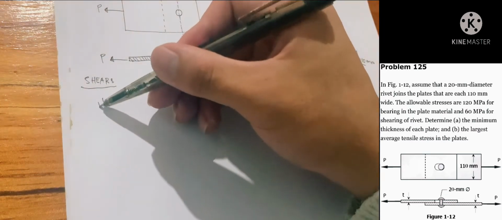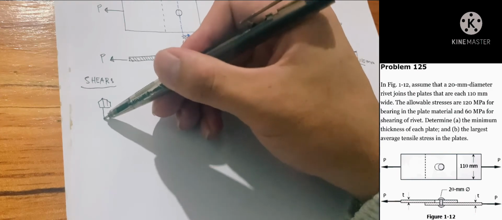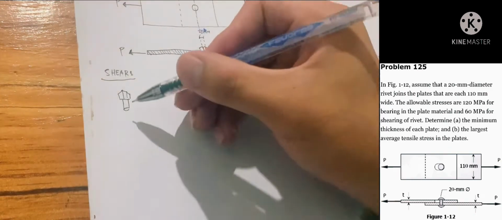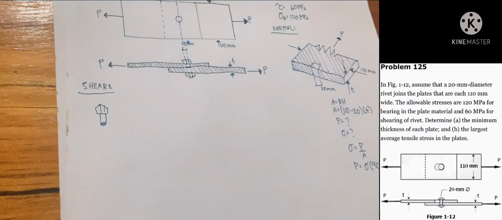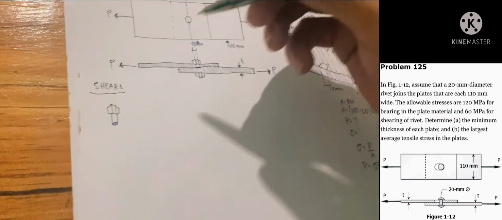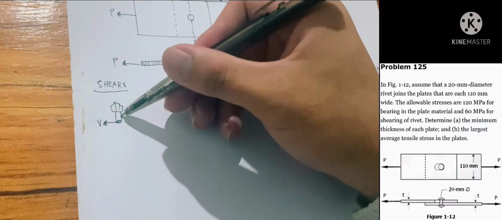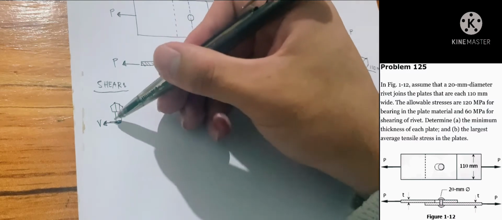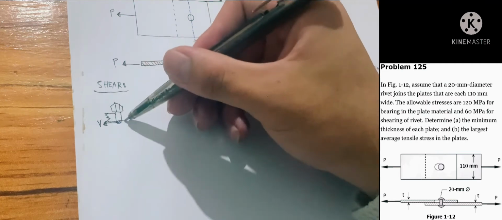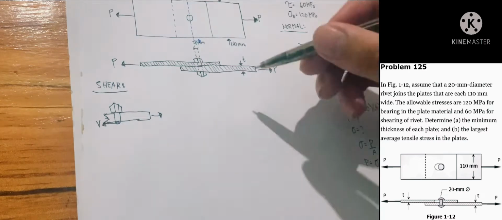right? So we will expose as we did in our other examples. For shear, I will shade the area as blue, and since the force is going, let us try to draw the plate so that we can imagine better.